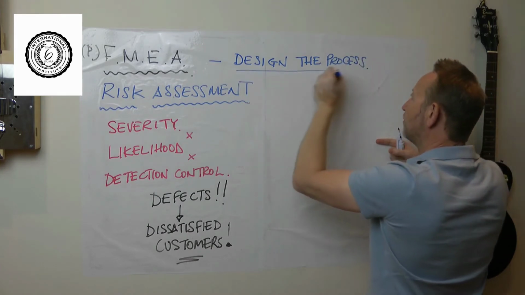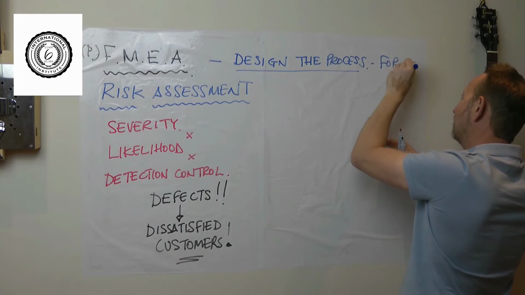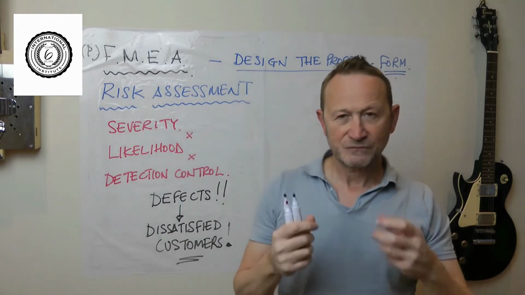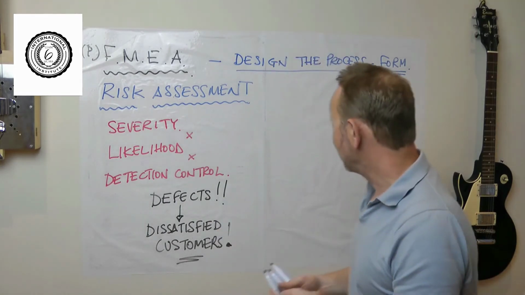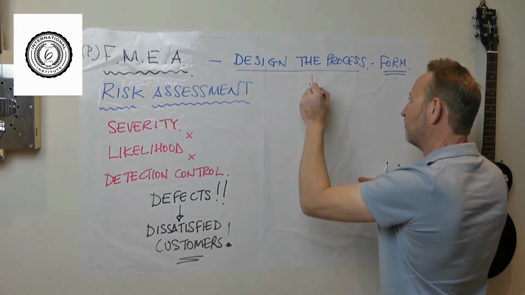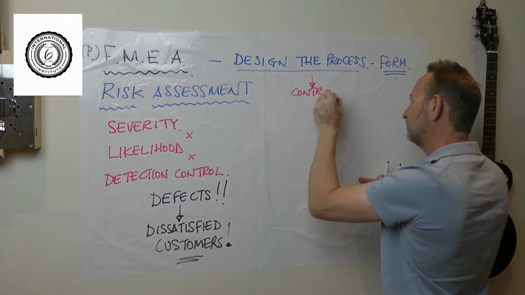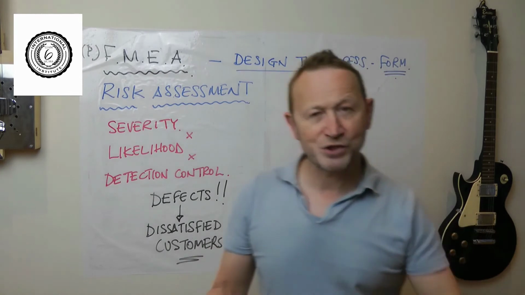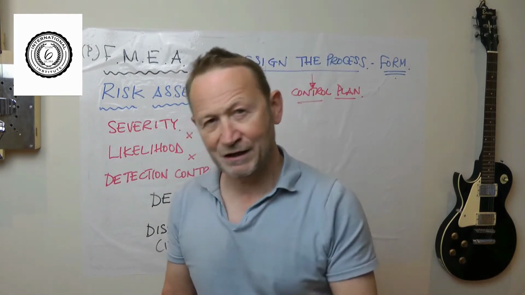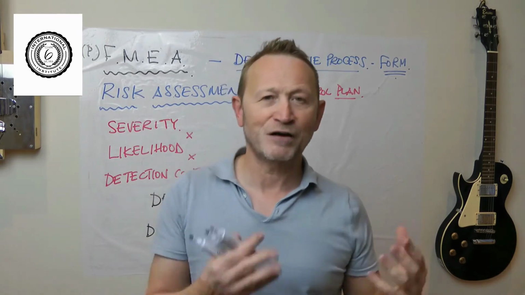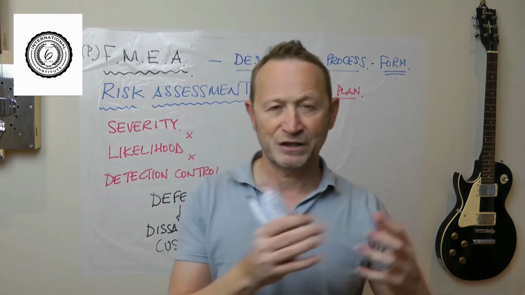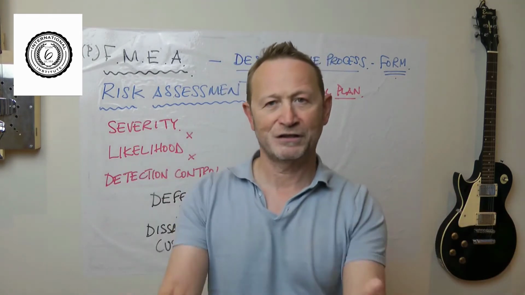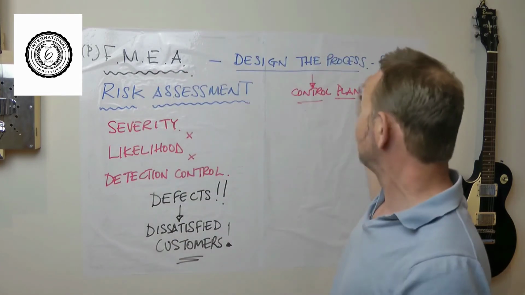We are going to design the process straight into the FMEA form, and what's going to come out of the FMEA is a control plan, and then when you switch the process on, bang, it's right first time. That's the power of a process FMEA. You can make more money faster, make good products faster. You can go live defect free. That's what it's for. It's to design a process.